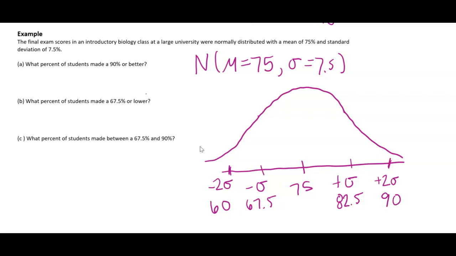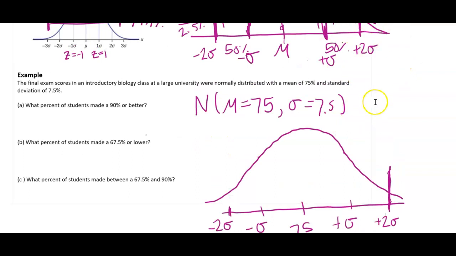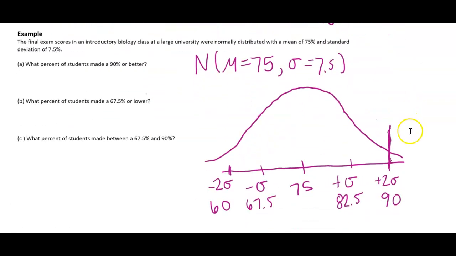So then the question becomes on part A, what percent made a 90 or better? Well, here's my 90, and if you use the empirical rule up here, I know that this piece of a 90% or better, like this section of my data, is 2.5% of students.